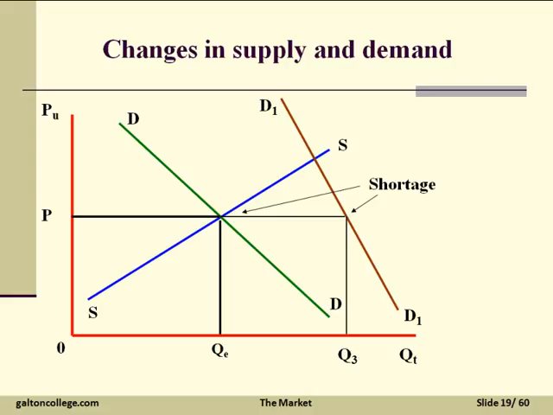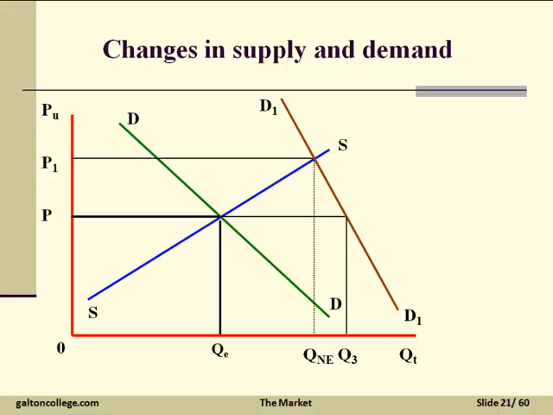If there's a shortage, the price will be bid upwards, and as the price is bid upwards, the demand will be cut back and the supply will increase, so that the new equilibrium will be at P1 and QNE, the new equilibrium. So there will be a new price and quantity, which are the equilibrium price and quantity, P1 and QNE.